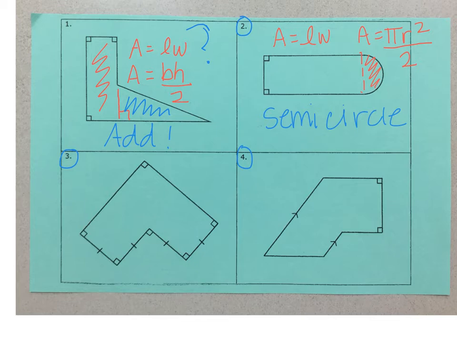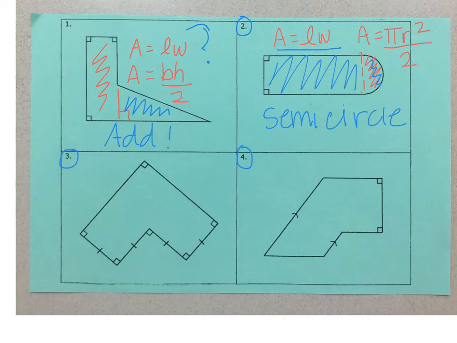Okay? So again, you would find the area of this figure here, and then you would find the area of this here, and you would add them together. Excellent. Let's now look at number 3.